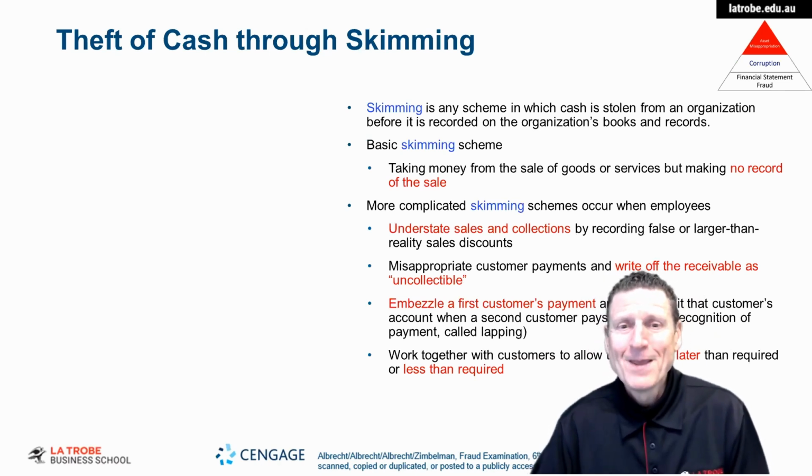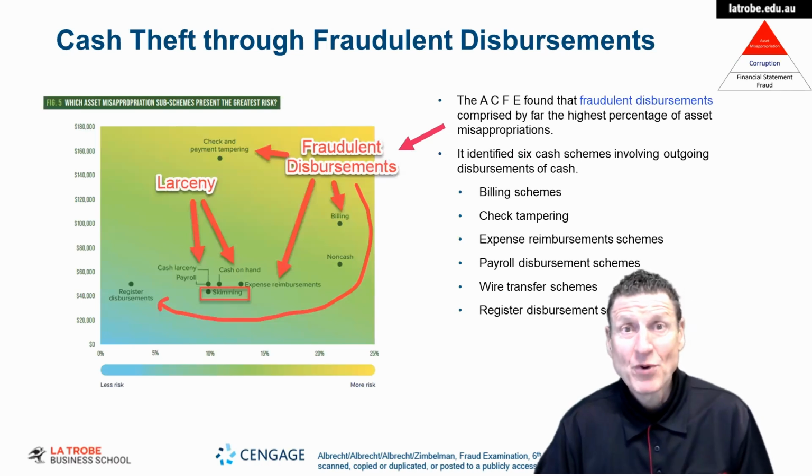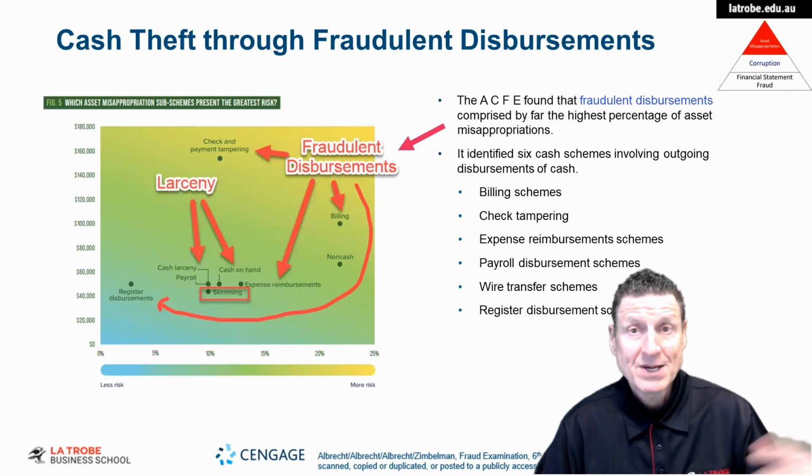Wow. All right. So if we go back to our graph again, if we look at fraudulent disbursements as it is explained in the textbook, the Association of Certified Fraud Examiners found that fraudulent disbursements comprised by far the highest percentage of asset misappropriations, as I said earlier.